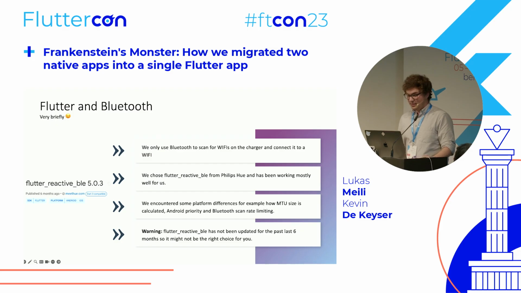One thing we realized during making the talk is that the Flutter Reactive BLE library has not been updated in the last 6 months. So I'd definitely recommend you check if this is still actively maintained. But for us, it has been working really well, and we can recommend it.